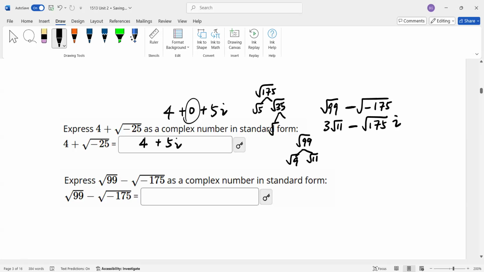Root 35 can be written as root 5 times root 7, right? 35 is 5 times 7. And now we are done. So root 175 is root 5 times root 5 times root 7, and root 5 times root 5 is 5. So square root of 175 is 5 root 7. And then bring down i. So the correct answer here is 3 root 11 minus 5 root 7 i.